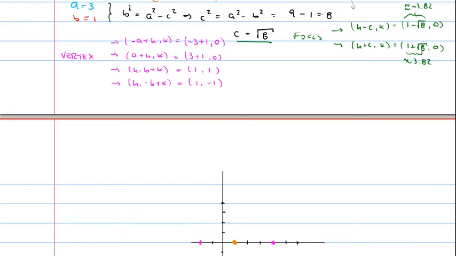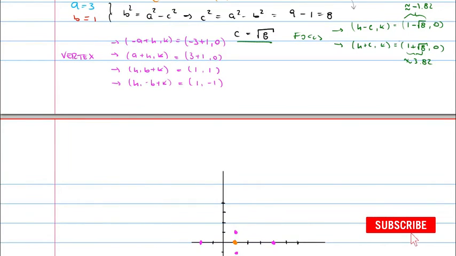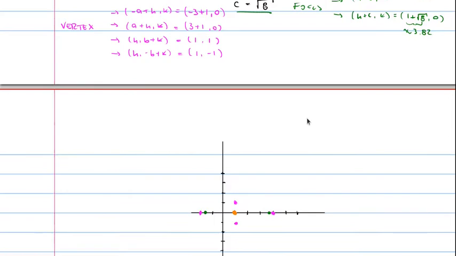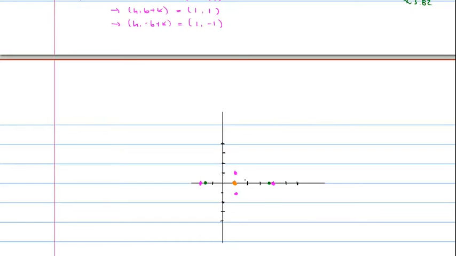The other one is in 1, 1, and the other one in 1, minus 1. Now the focus points are in minus 1.8, that is something about here, and 3.8, so that is around this point. So then the ellipse looks something like this.